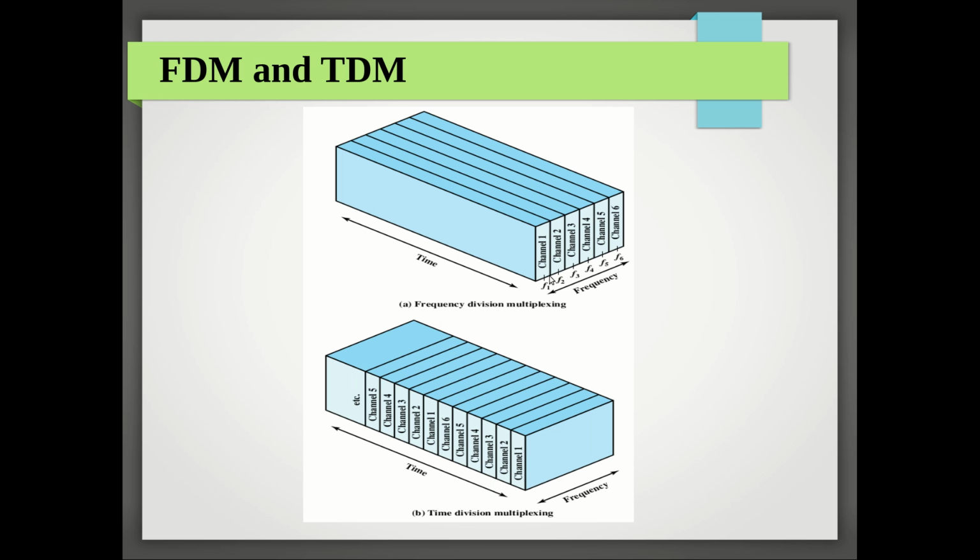That means a very small set of frequency is given as a gap between two channels, just to avoid that interleaving kind of issue. That is what we call a guard band, and that is not shown in the figure, but in general you can assume some small frequency band between these two channels. So here we have 6 channels. How many guard bands are needed? 5, because 6 channels will be separated by 5 guard bands, right? So that is the idea.